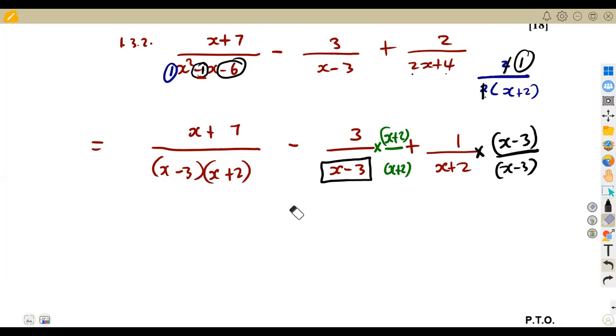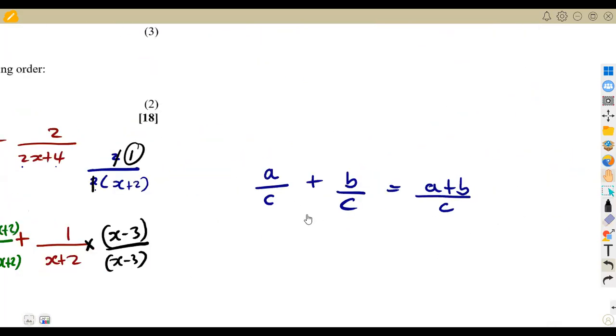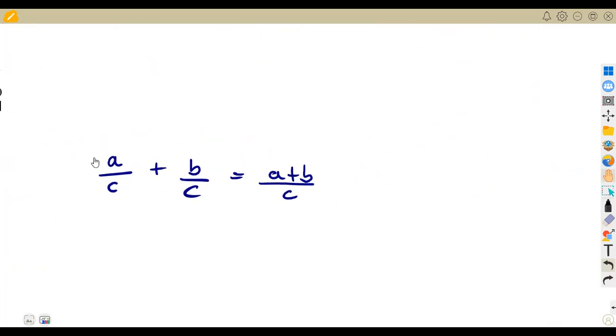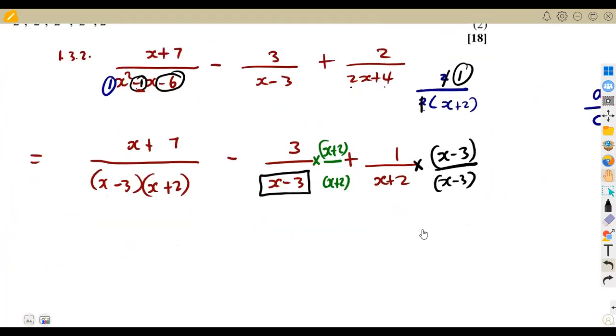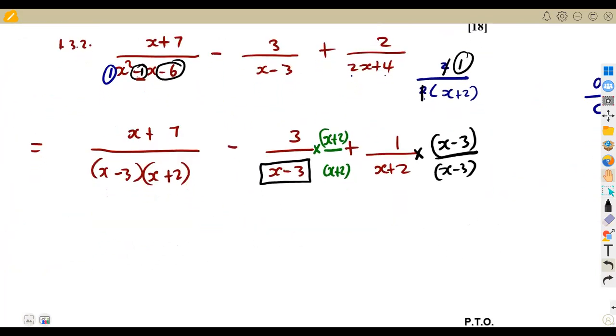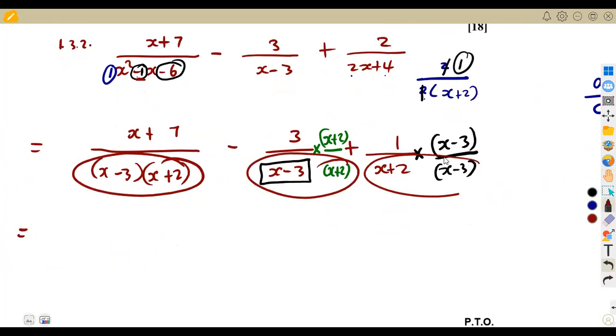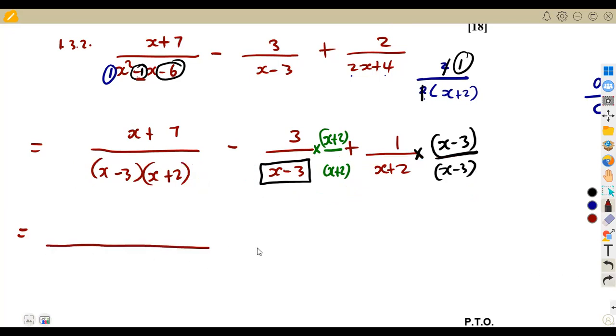Once you know this, we are now back to the rule that once the denominators are the same, you combine your numerators together. Since I can see that these denominators are the same, I'm just going to keep this as my LCM as it is, because it is the same.